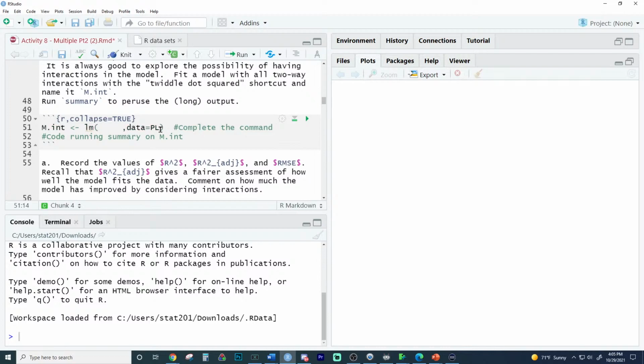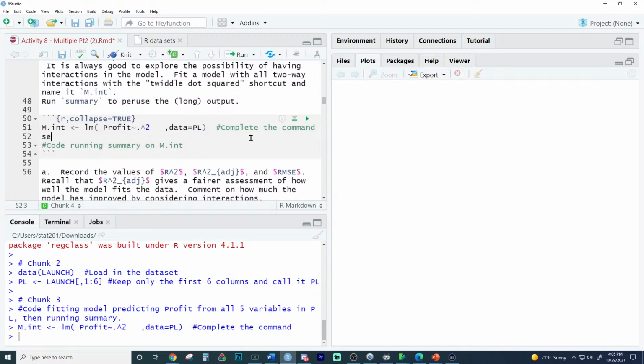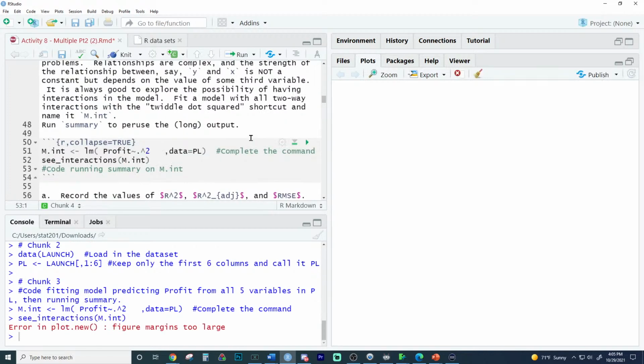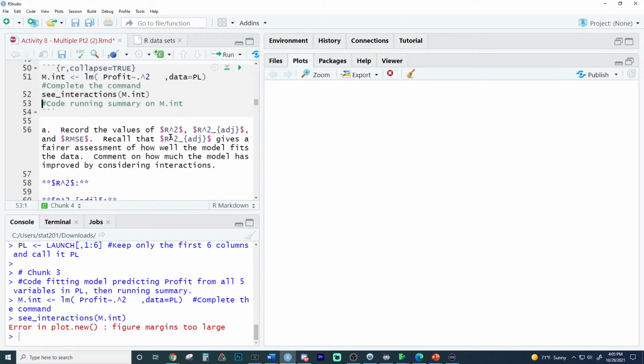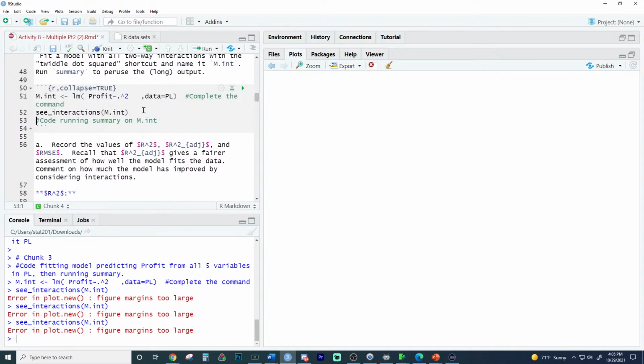Uncomment this out. And we have profit. There's the code right there. Profit tilde dot raised to second. And C interactions, M dot int. Too large. It really wants a lot of room today, doesn't it? Something seems a little odd here.